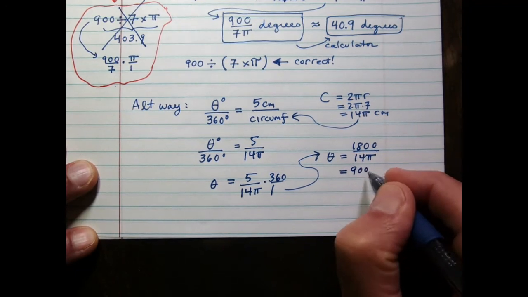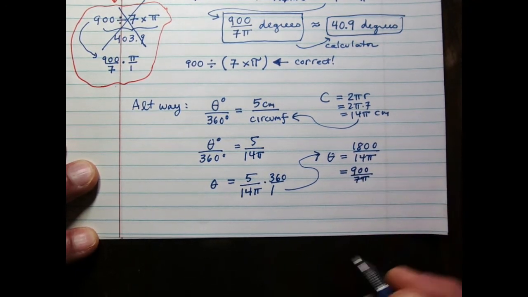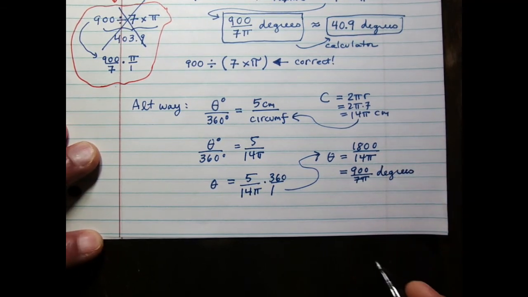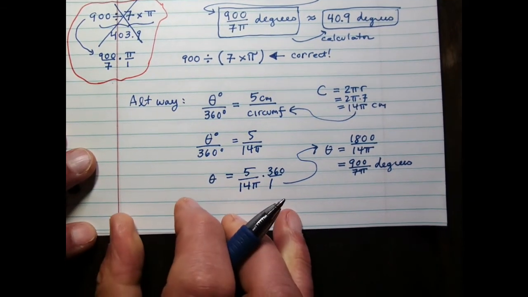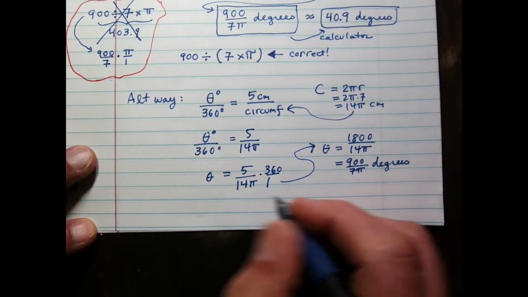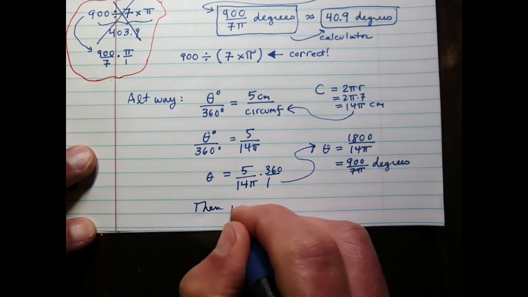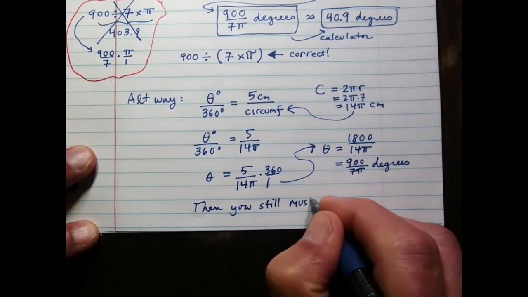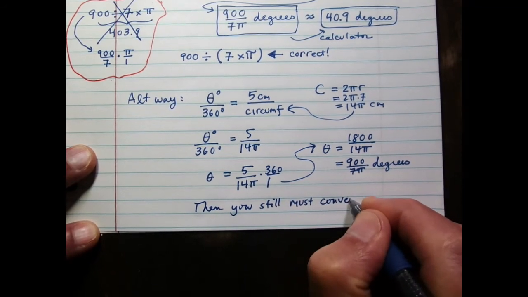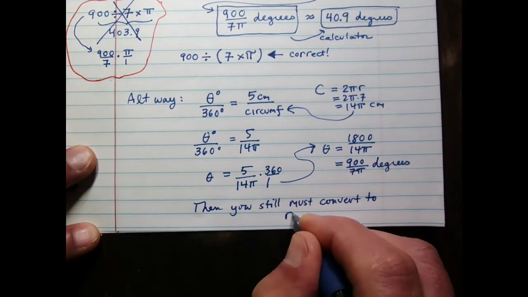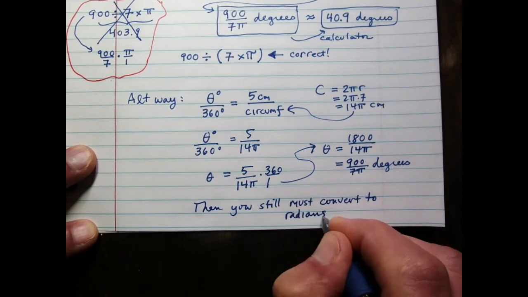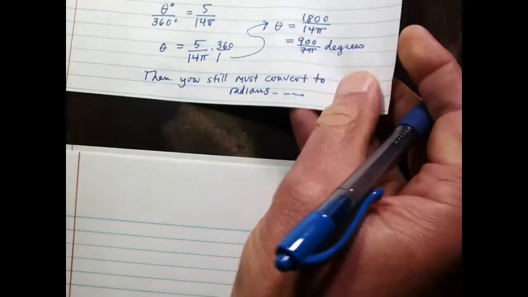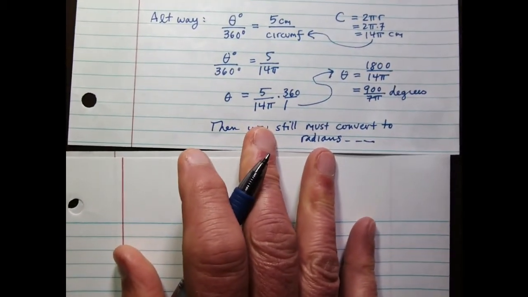I think that's the only way you can reduce it and keep an exact fraction. So there's that same answer we got above. But then you still must convert to radians. Right? So let's just see what that would look like. Again, it is much longer, this alternate way.